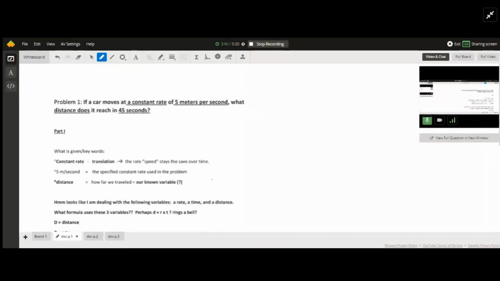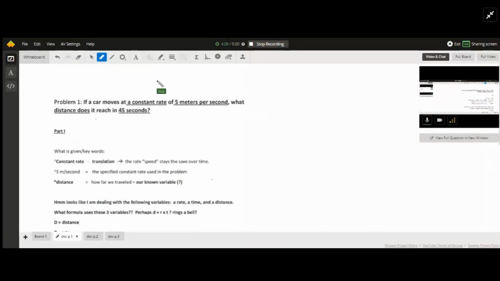So here we go. And sometimes it also helps you to draw a picture. That's also another majorly utilized thing in all areas of math. So we have our car, and it says it was at a constant rate of 5 meters per second. What distance does it reach in 45 seconds? So distance in 45 seconds. Okay, so it looks like I need to find a distance, and we need to know how far it went in 45 seconds.